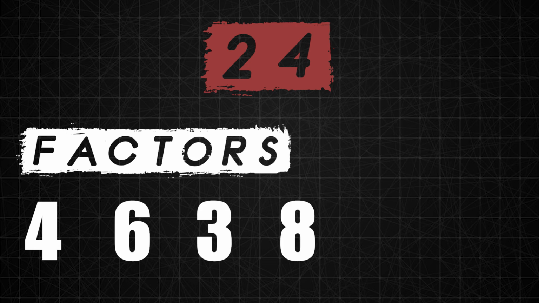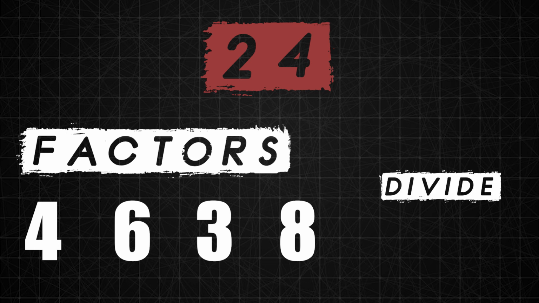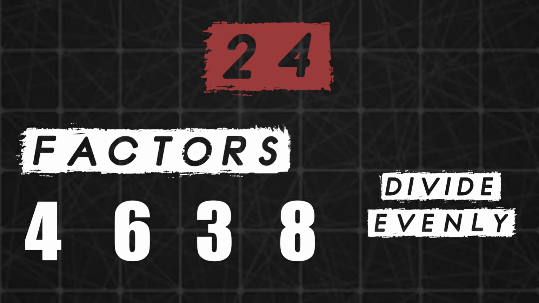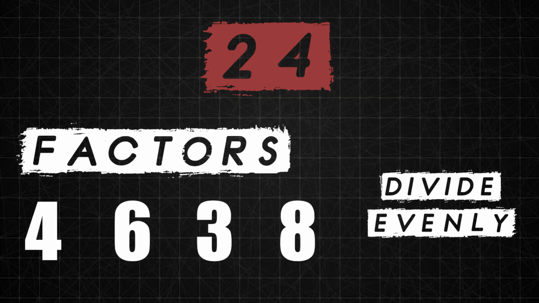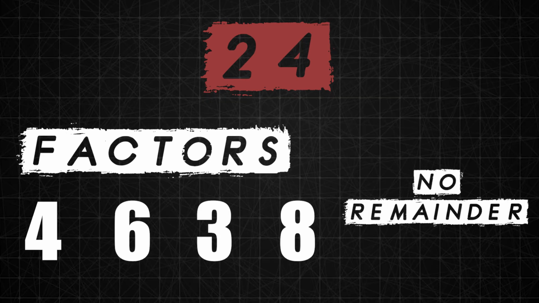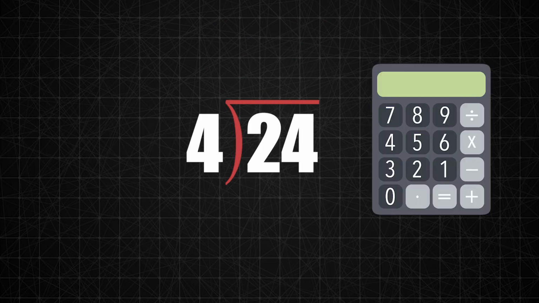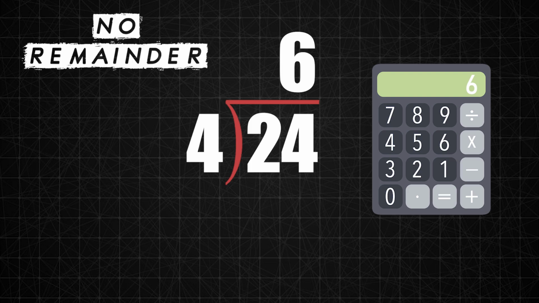The fact that each of these numbers is a factor of 24 means that each of them can divide evenly into 24. And when I say divide evenly, it'll divide without a remainder. For example, if we take our first factor 4 and divide it into 24 using a calculator, our answer will be 6. 4 divides into 24 6 times with no remainder.